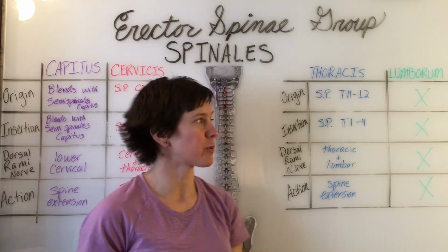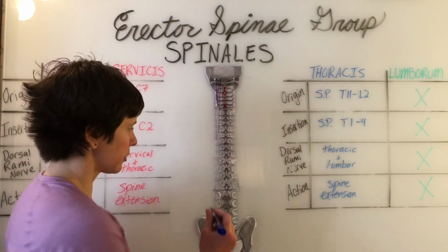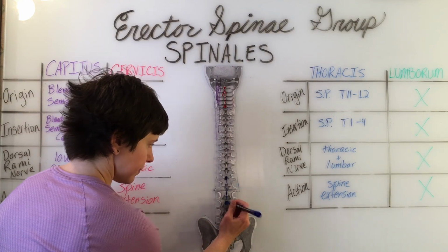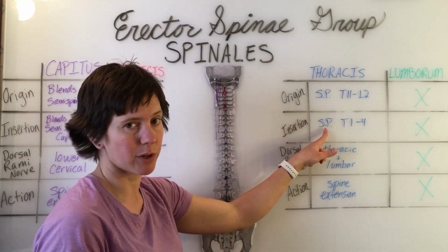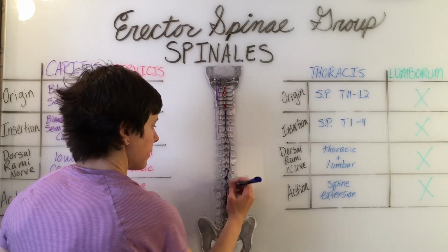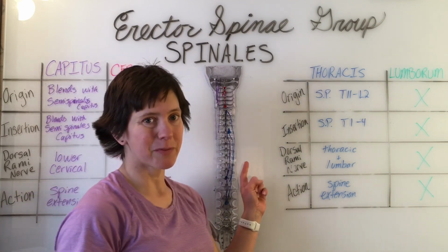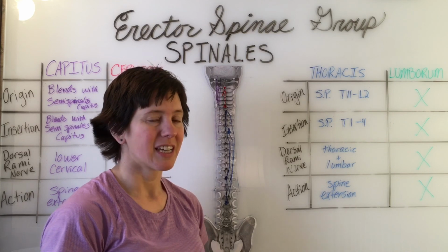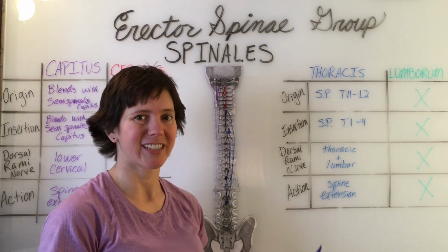Spinalis thoracis originates on the spinous processes of T11 through L2, and will travel to insert on the spinous processes of T1 through 4. It is innervated by the dorsal rami of the thoracic and lumbar spinal nerves, and its action, you guessed it, is the same as the rest of this group, spine extension.